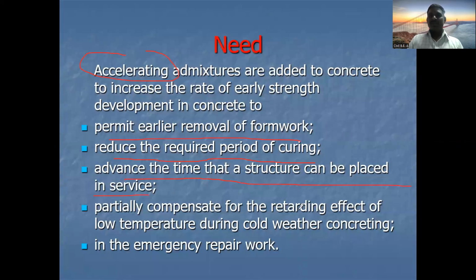When any structure is in service, it means an existing structure is there, and we have to repair it and again bring the structure into use.